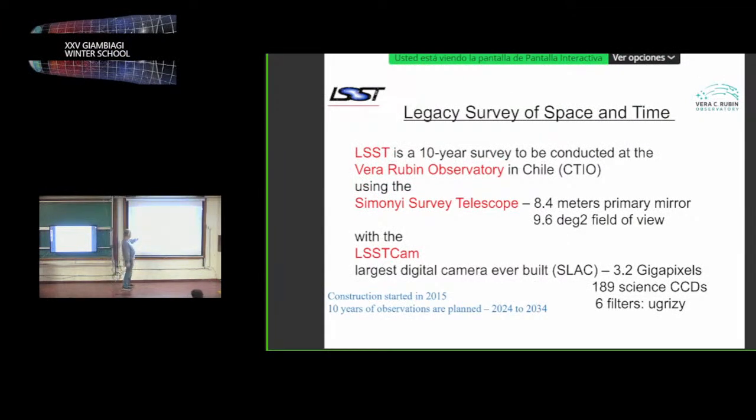We have a very large digital camera of 3.2 gigapixels. It's being built at SLAC, a national laboratory in the US. It's almost ready, but it's still there. It's going to be shipped to Chile at the end of the year. And so we plan to start observations next year.